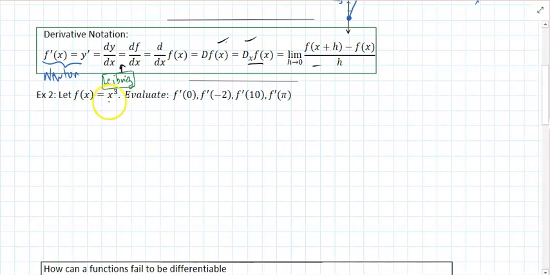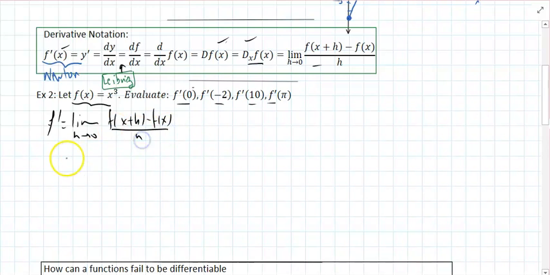Let f of x equal x cubed. Evaluate. Now, instead of doing this 4 times, why don't I find the derivative at x and then plug in x equals 0, -2, 10, and pi, and see how that works. Well, how do I find a derivative? F prime is the limit as h approaches 0, f of x plus h minus f of x all over h.